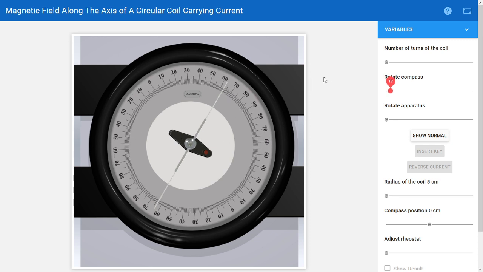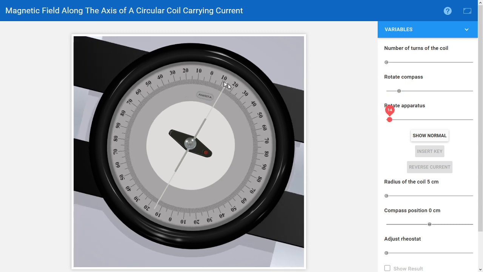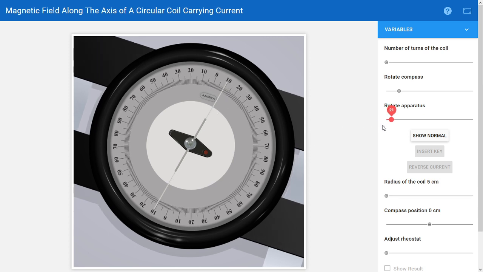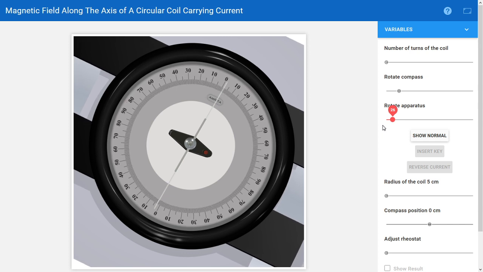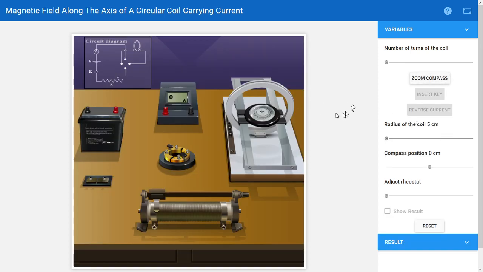I'm just rotating it until it comes to 90-90. Yes, now it is enabled. Now I'm moving this until the needle touches zero. Here also it will be zero. So let me do it. It's 0 0, show normal.